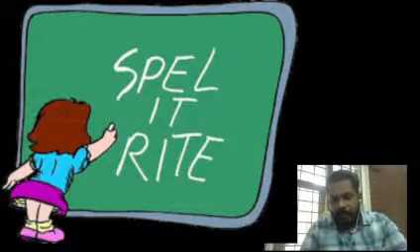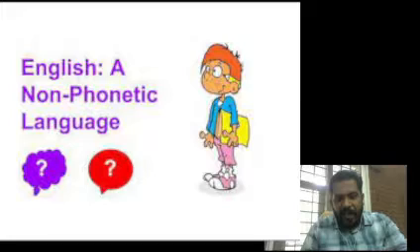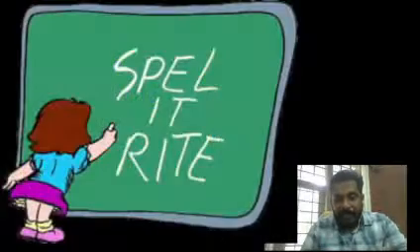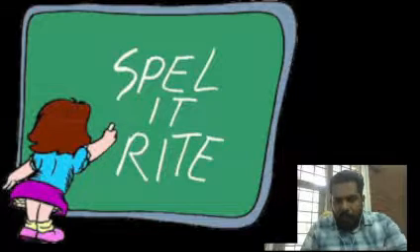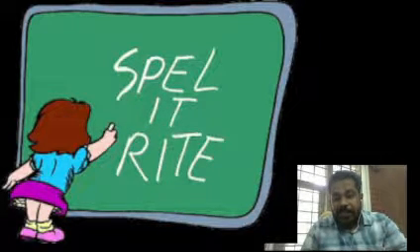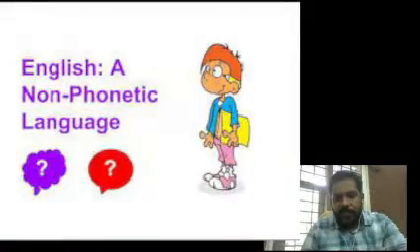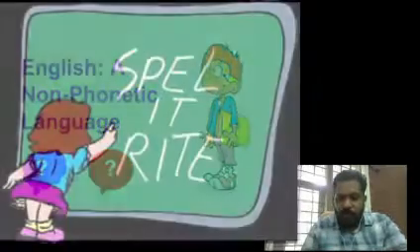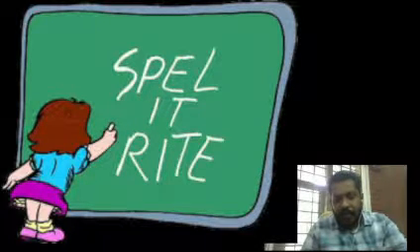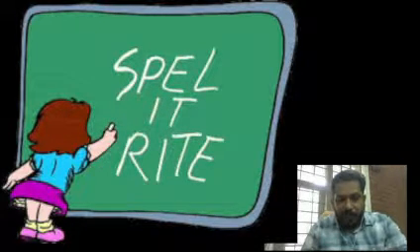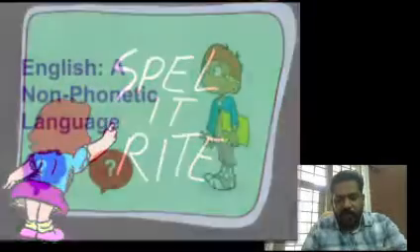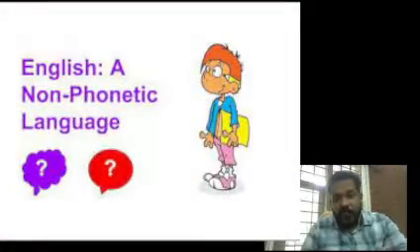Take two more examples. In the word vision, V-I-S-I-O-N, the letter S represents the sound sh, a voiceless sound. And in the word measure, M-E-A-S-U-R-E, the letter S represents the sound zh, a voiced sound.